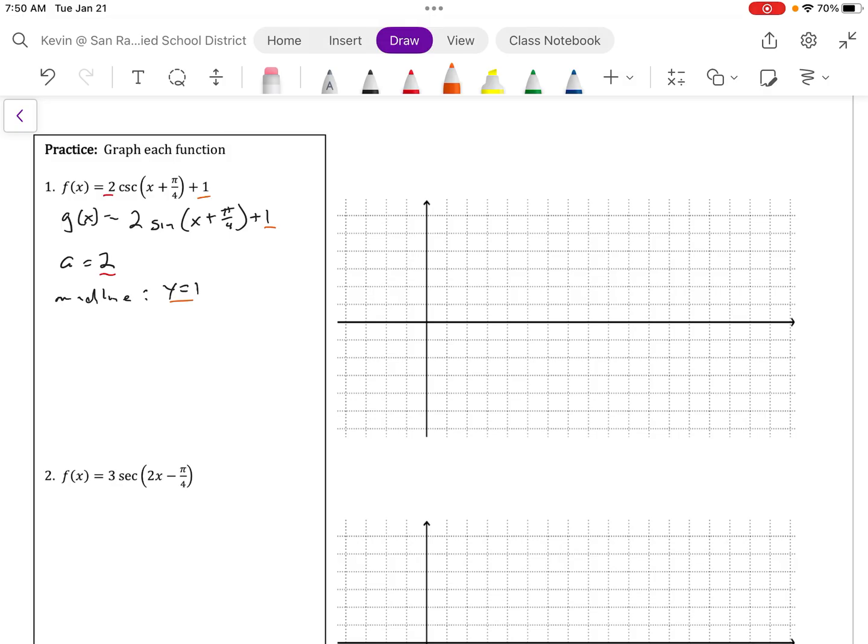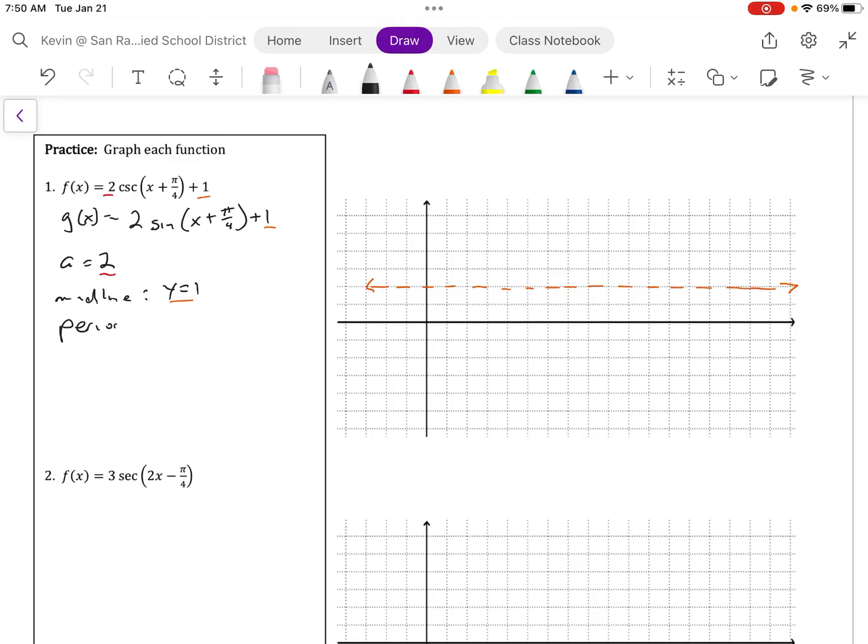We get that from the 1 here. I'm going to go ahead and draw my midline in. Okay, so that's my new midline.